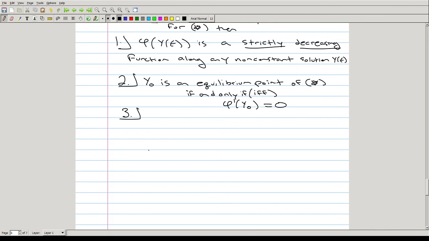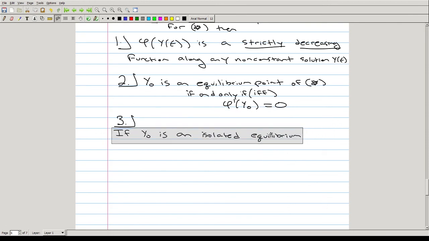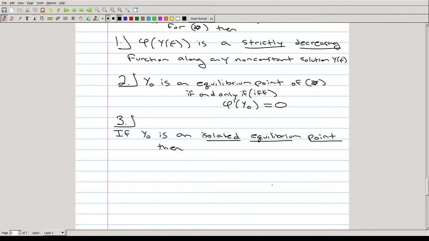And 3, if y naught is an isolated equilibrium point, then we also have to include something as well.